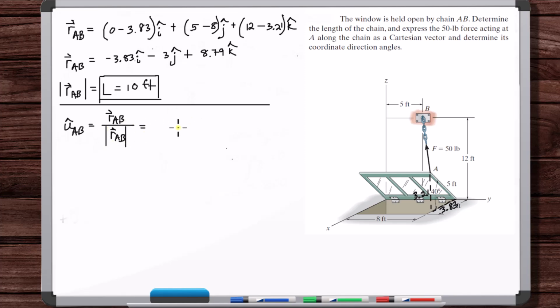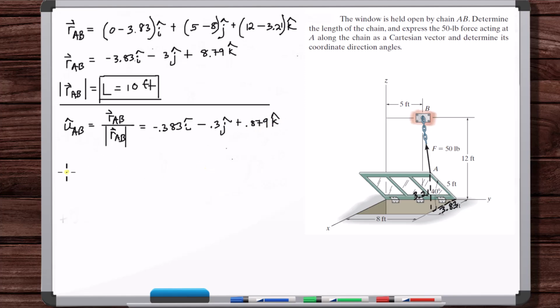Okay, so minus 3.83 divided by 10 is minus 0.383 i hat, minus 0.3 j hat, plus 0.879 k hat.